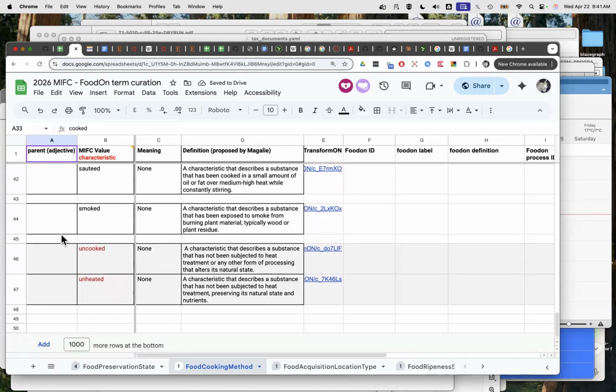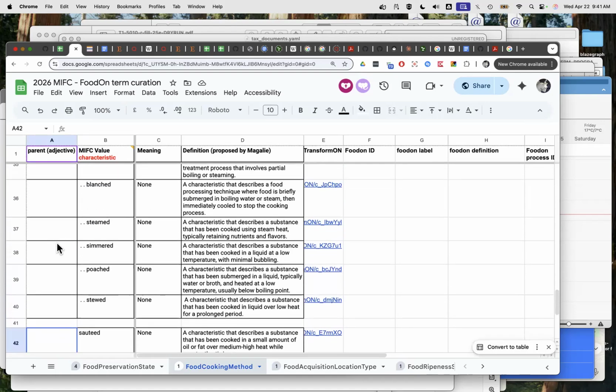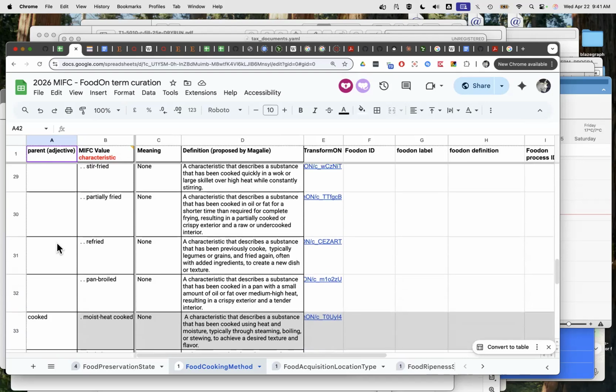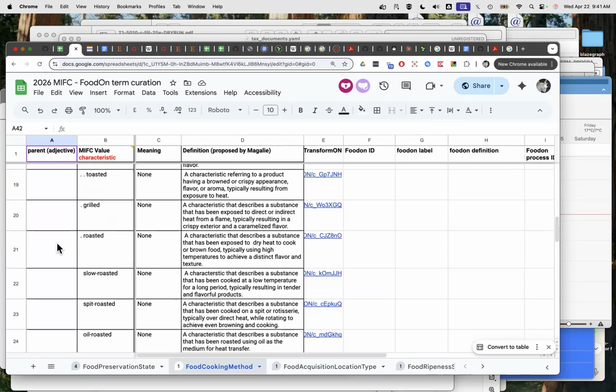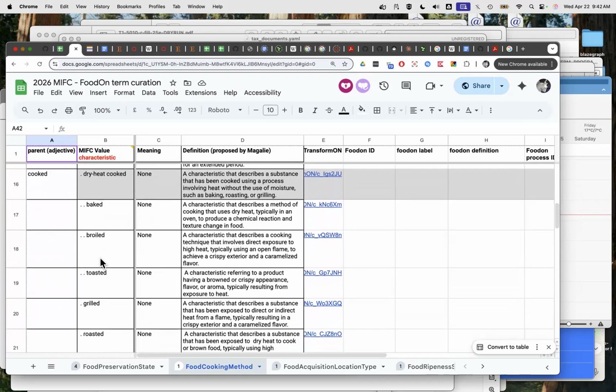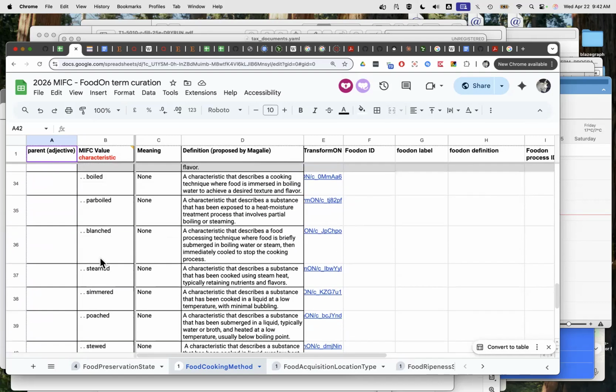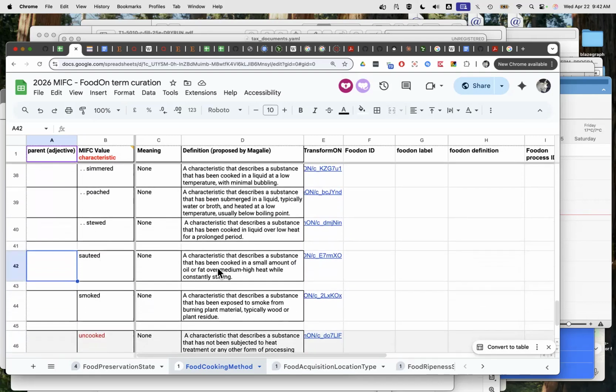A couple of questions. Is sautéed considered a moist heat cooked or a dry heat cooked? I was thinking it was probably a dry heat cooked. Isn't it wet? Small amount of oil or fat over medium-high heat.